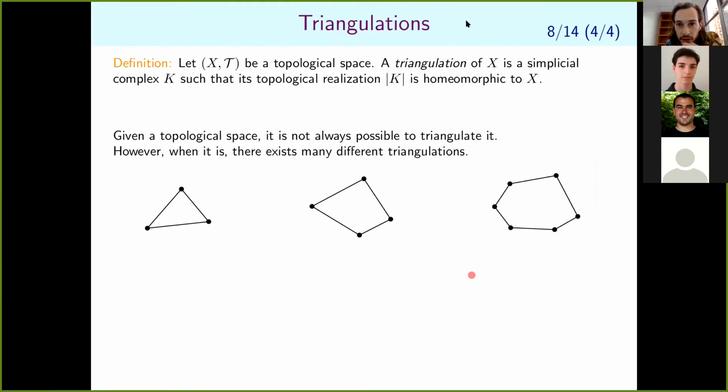For instance, this one is 3 minus 3 equals 0. This one is 4 minus 4. And this one, 1, 2, 3, 4, 5, 6: 6 minus 6. Okay?